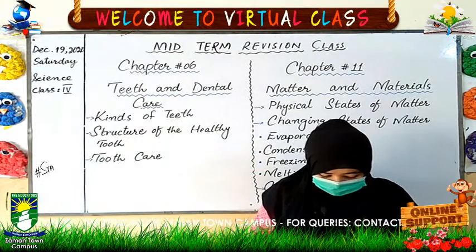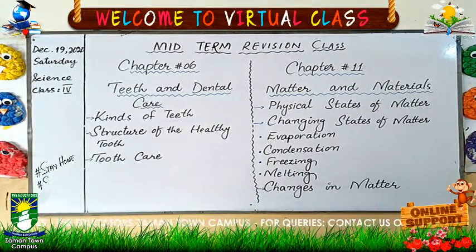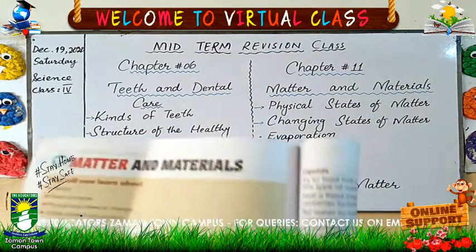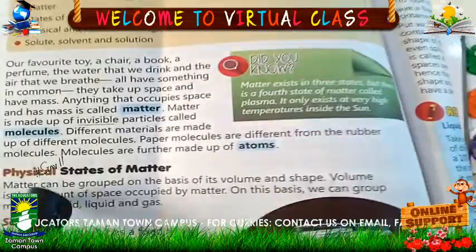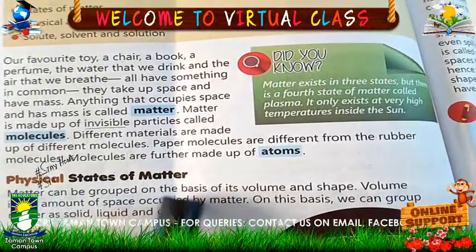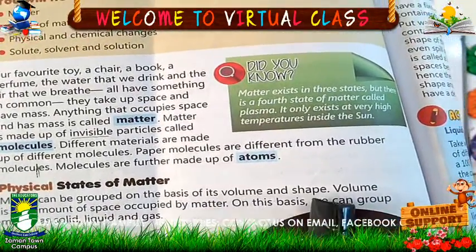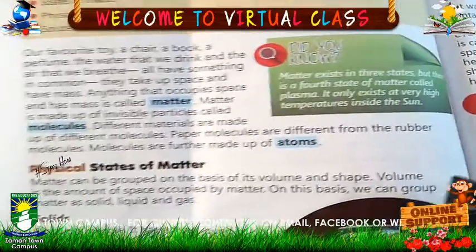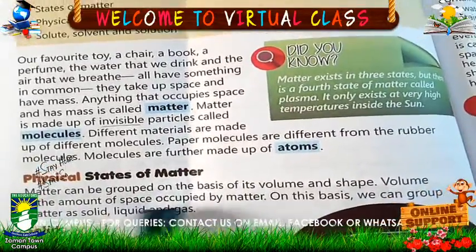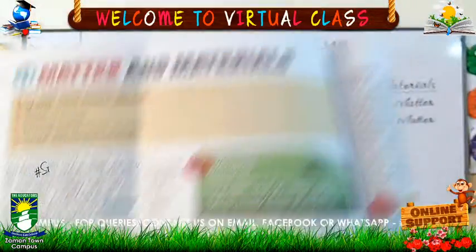You can see here on page number 96, matter can be grouped on the basis of its volume and shape. What is volume? Volume is the amount of space occupied by matter.